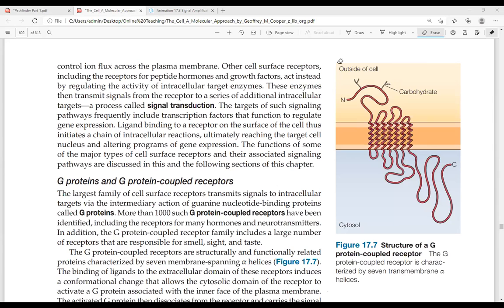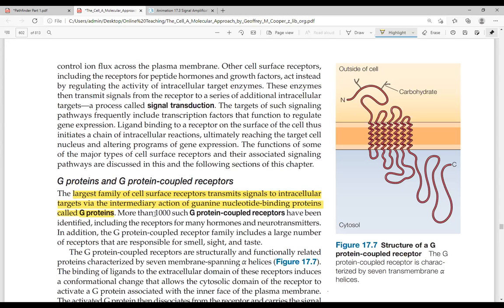Now look at G proteins or G protein coupled receptors. These are the largest family of cell surface receptors that transmit signals to intracellular targets via the intermediate action of guanine nucleotide binding proteins, or G proteins.